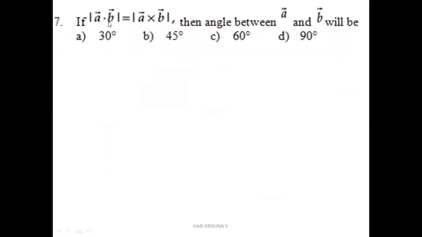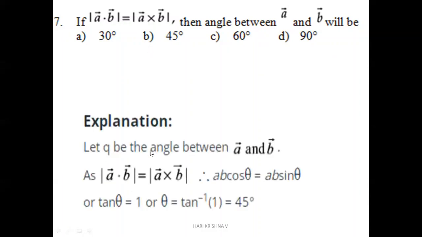Good. So next, if A dot B and A cross B are given, the angle between A and B will be? They're asking us to find the angle between A and B. They have given the dot product and also the cross product. So let theta be the angle between A and B. When dot comes, we have to take cos theta. When cross comes, we have to take sin theta.